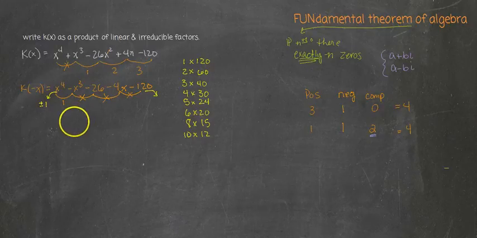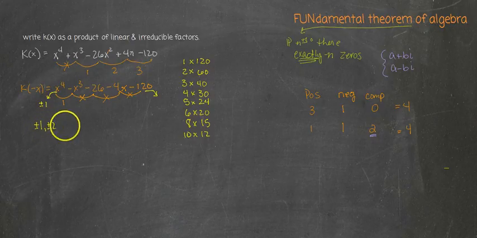real roots or real zeros is plus or minus 1, plus or minus 2, plus or minus 3. I'm going to say them all.